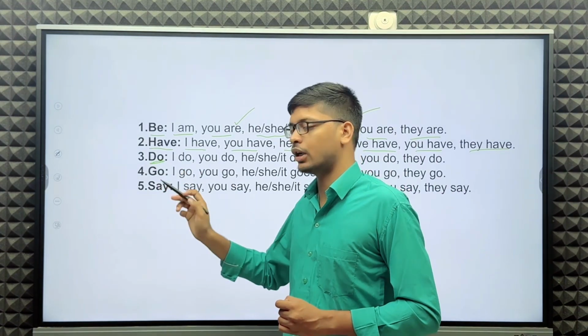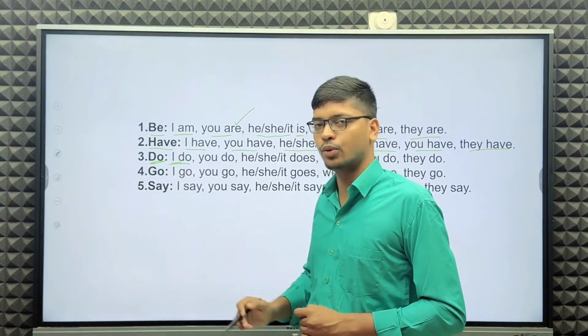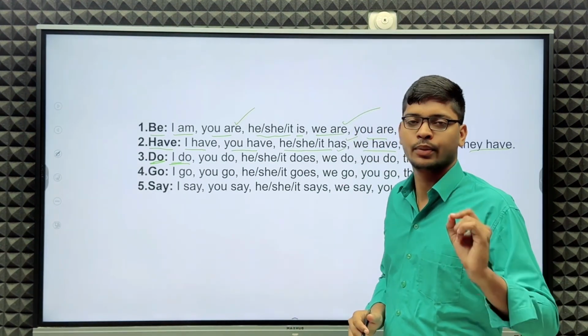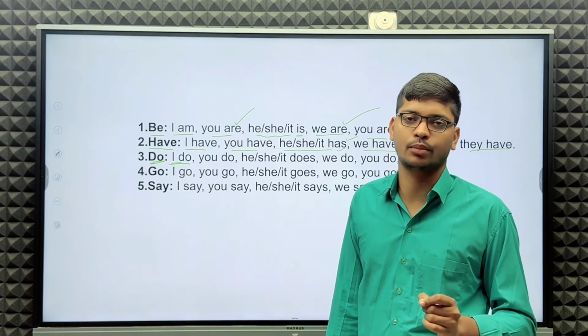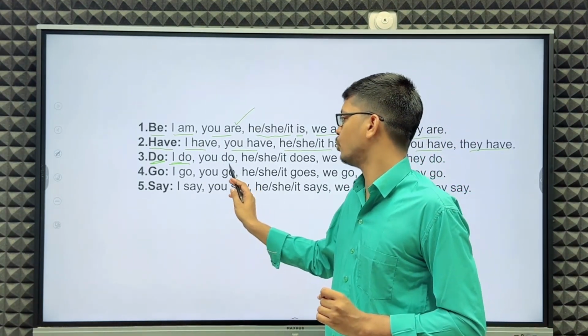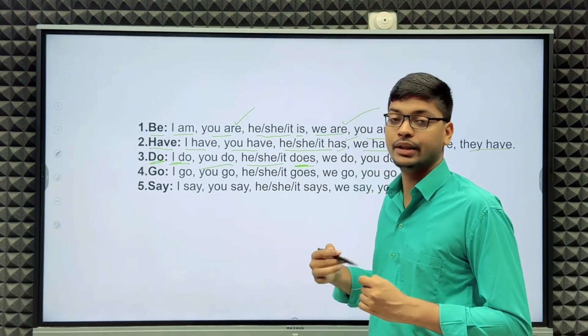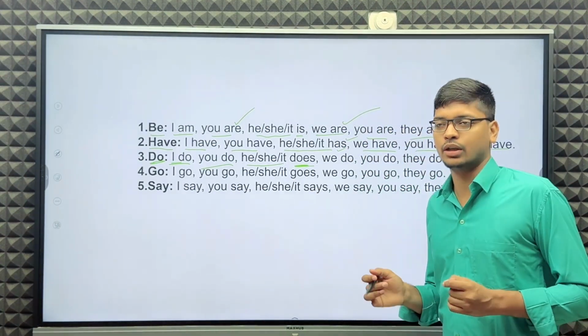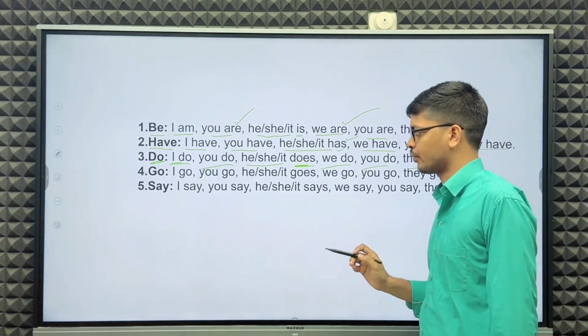Next irregular verb, do. I do. Do is used with I and you. He, she, it does. We do, you do, they do.